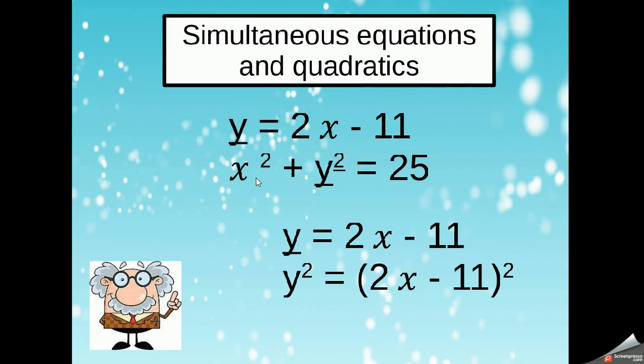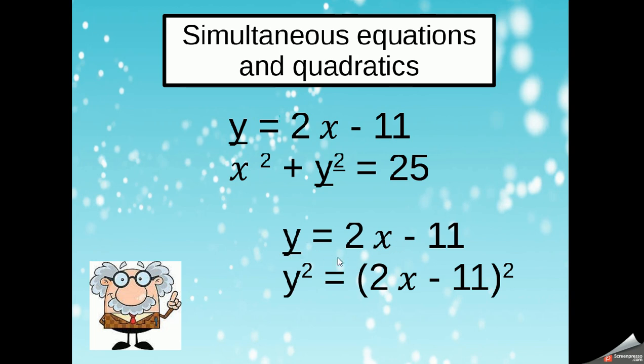So firstly, if I want to change the y into a y squared, and notice how here we've got a y squared, if I can change this into a y squared, I'll be able to substitute this value into this equation. So I have to square everything that y is worth.